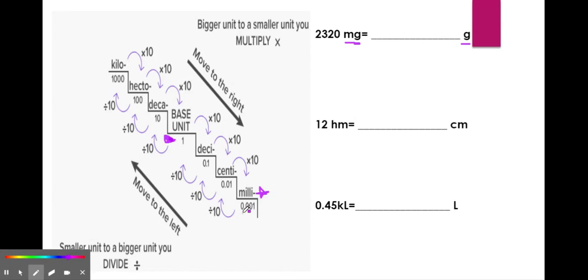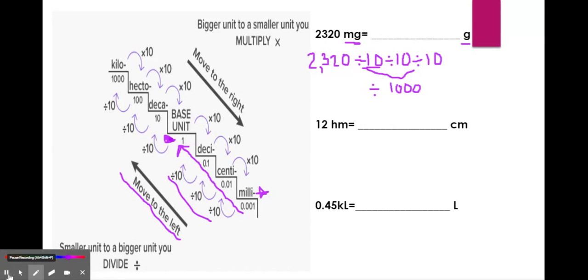I'm also going to draw an arrow in the direction we're moving. We're moving from milligrams to grams, so we are moving to the left, which means we need to divide. We need to divide 2,320 by 10, by 10, by 10.